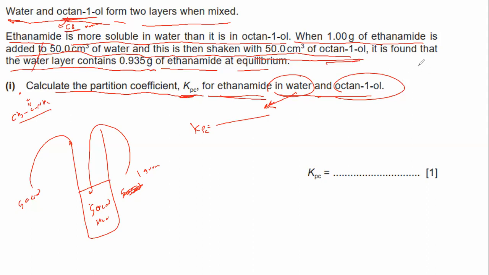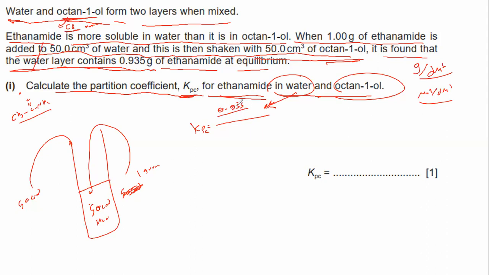In KPC calculation, we can use the unit as gram over decimeter cubed or mole over decimeter cubed. Both of them are correct. Both of them give you the same answer. Look now, guys, what is the concentration of ethanamide in water? It's found that the water layer has 0.935.